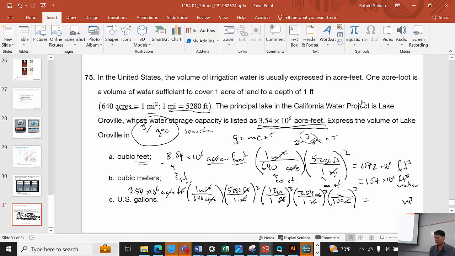3.54 times 10 to the 6 divided by 640 times 5280 squared times 12 cubed times 2.54 cubed divided by 100 cubed.